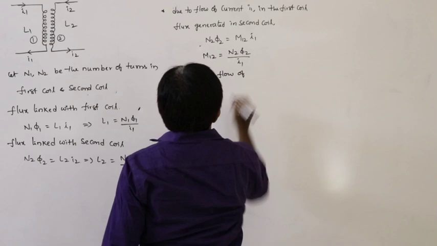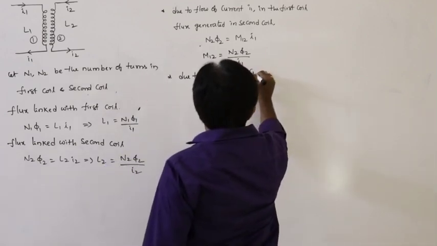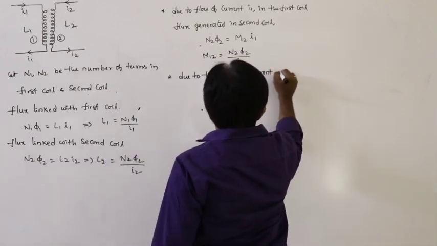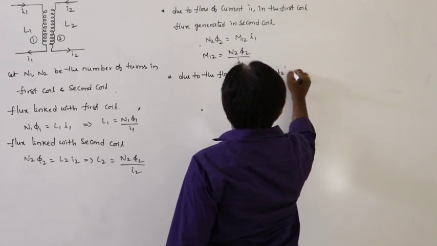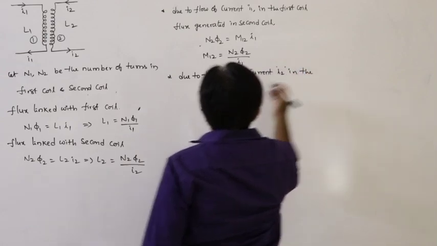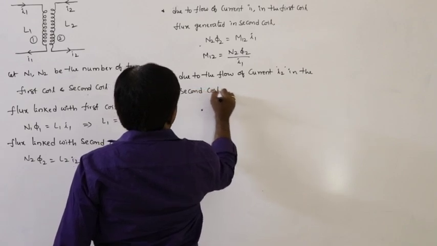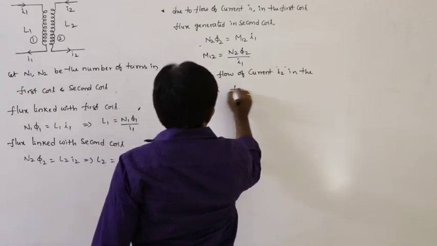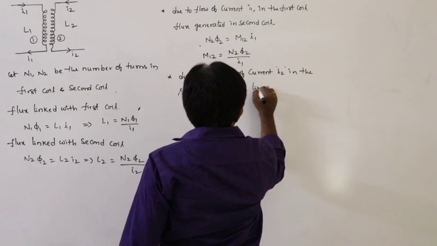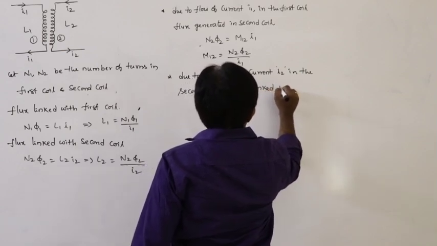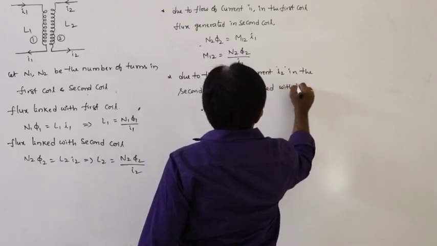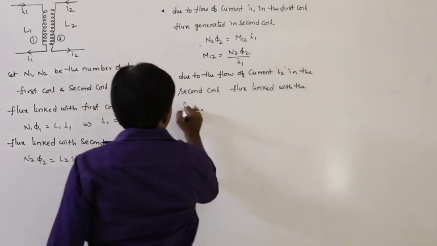Next condition: due to the flow of current I2 in the second coil, what is the flux linked with the first coil?